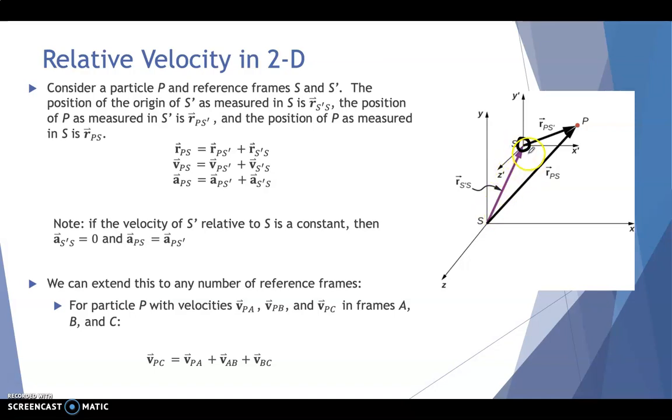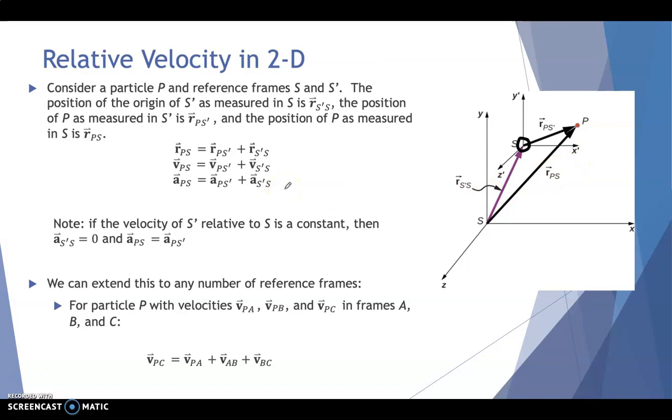The position of P as measured in S prime is r sub P S prime. Okay, so that's this vector here. And the position of P as measured in the S reference frame is r sub P S.